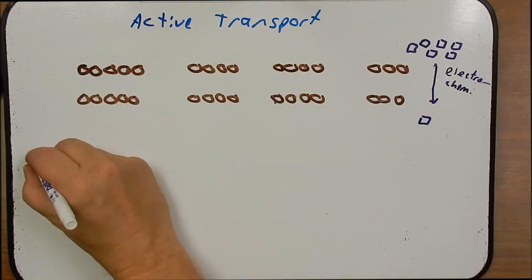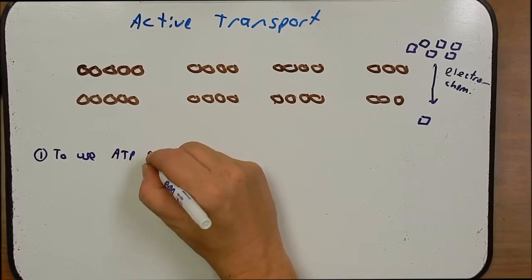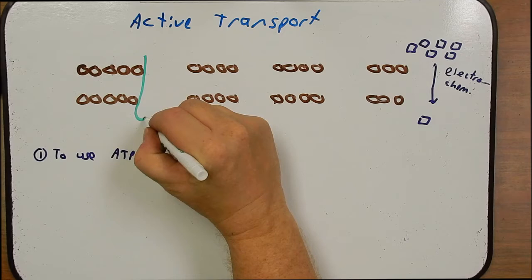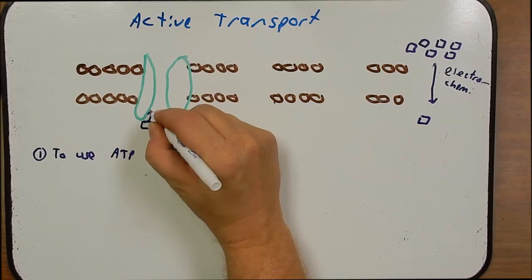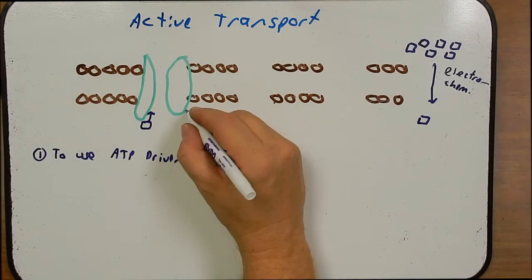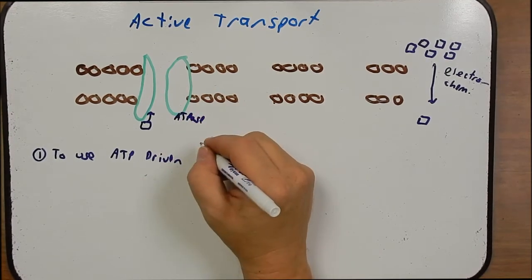The first way is to use an ATP driven pump. And the way this might work is you might have your transport proteins here, the molecule binds here, but remember it's going to require energy in order to do this. And on this transport protein there may be an ATPase or another ATPase near here.